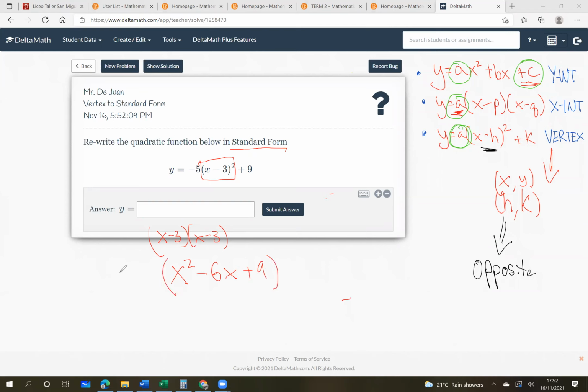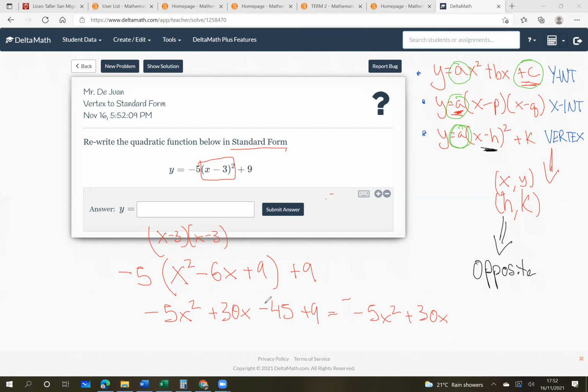There we go. Plus 9 is what we had on the outside, right? Negative 5x squared plus 30x minus 45 plus 9.